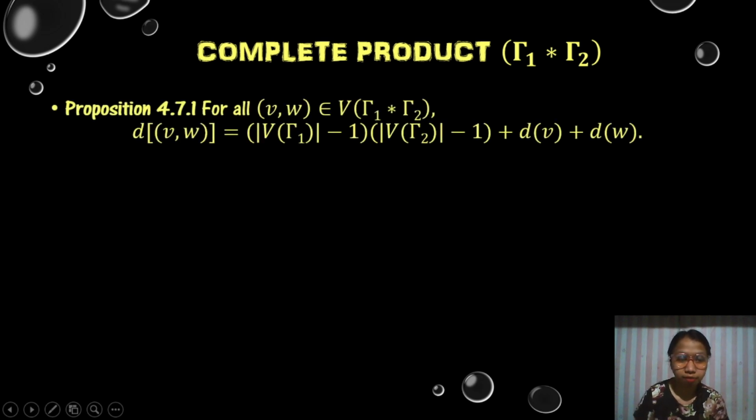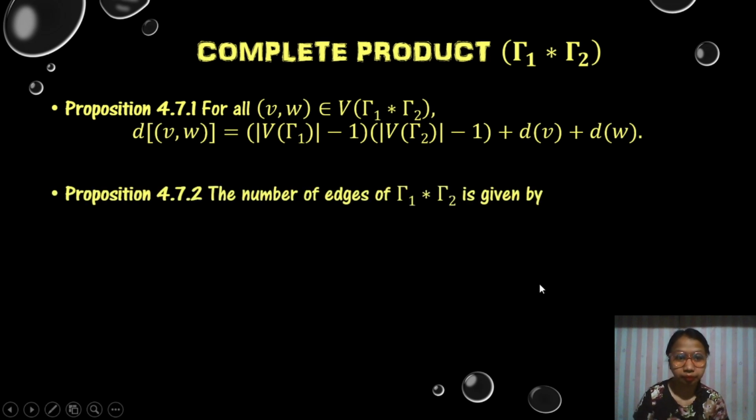So let us look at how complete product is applied on the commuting graphs of symmetric groups. I have here a proposition for all v, w. So this is the new form of the vertex in the complete product of two commuting graphs of symmetric groups. This is the degree of one vertex here.